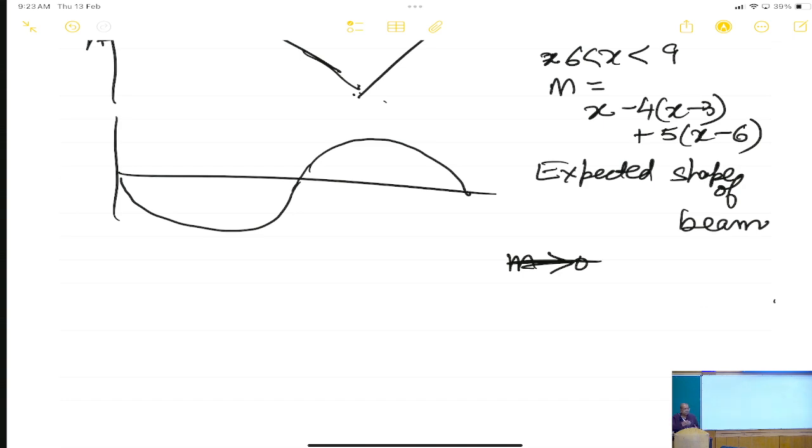Okay. And the concavity of the beam will follow. I'll take up one more example from here onwards. Okay.